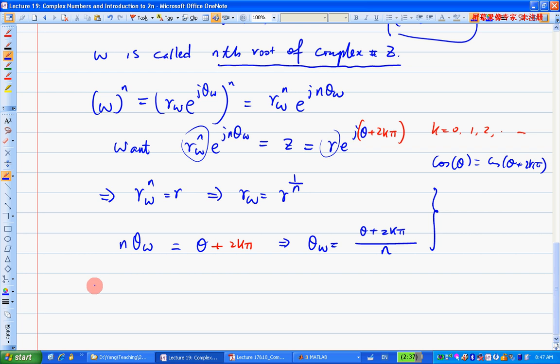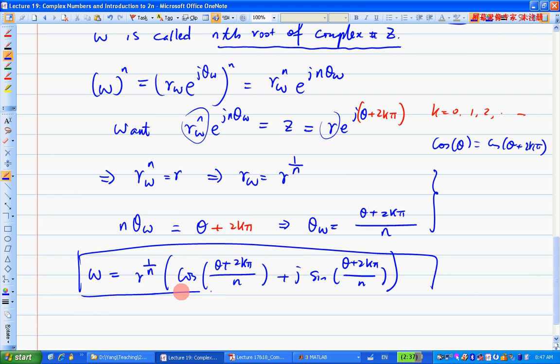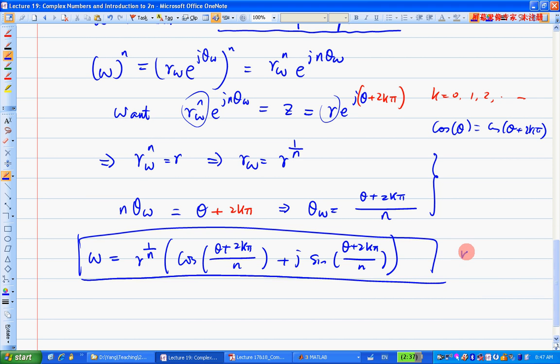Technically, if I write it back, my w will equal R_w, that is R to the power of 1 over n, multiplied by cosine θ_w plus j sine θ_w. This is what w is, and k technically could be any integer.